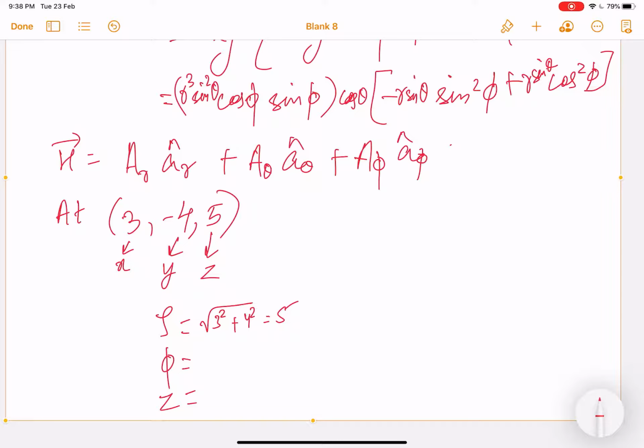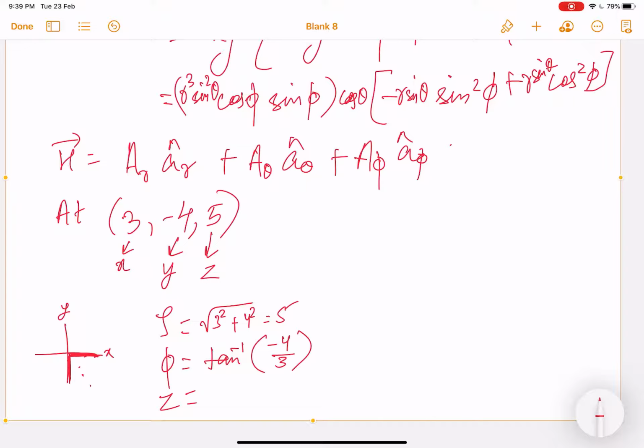And what will be your phi? Well, now you need to take out your calculators for this. Over here instead of phi I have to write tan inverse of y by x. This is x, this is y. Basically y is negative and x is positive, means it lies in this zone.